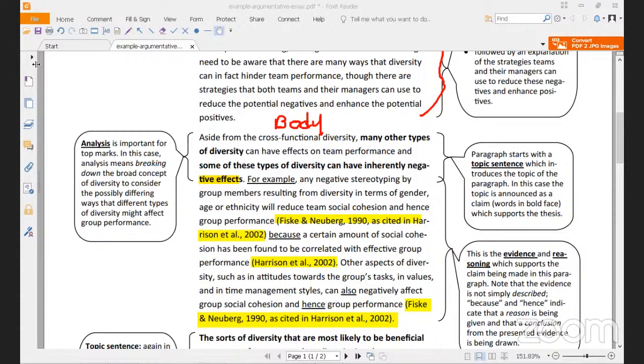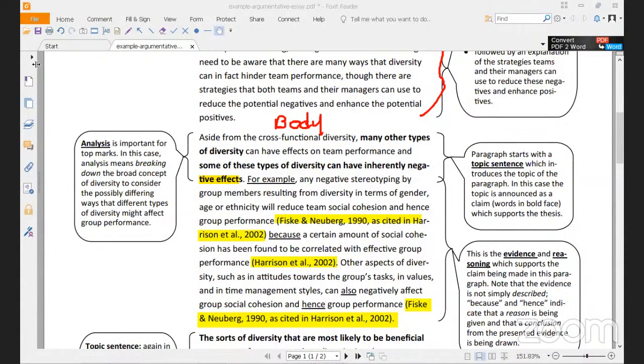Aside from the cross-functional diversity, many other types of diversity can have effects on team performance, and some of these types of diversity can have inherently negative effects.